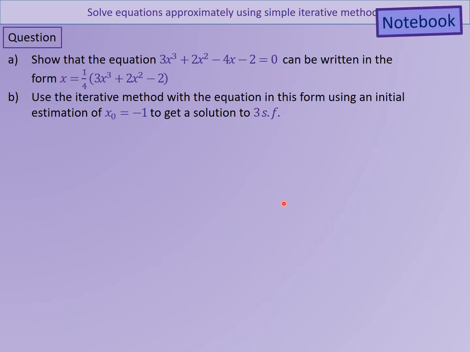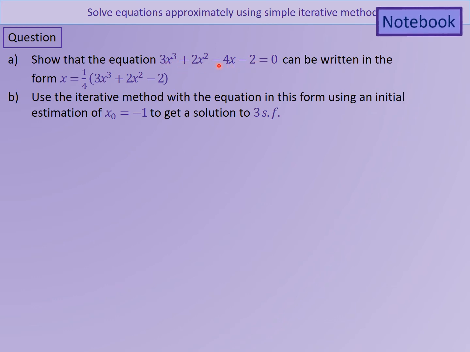Right, so write this question down in your notebook. Show that the equation 3x cubed plus 2x squared minus 4x minus 2 equals 0 can be written in this format, and use the iterative method, using the initial value, to find a solution to three significant figures. So I'm looking for a solution to this cubic equation just here.